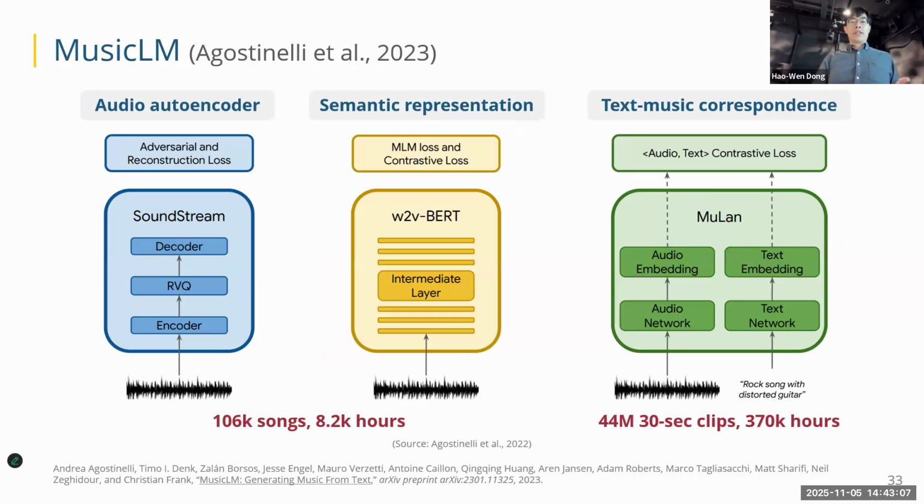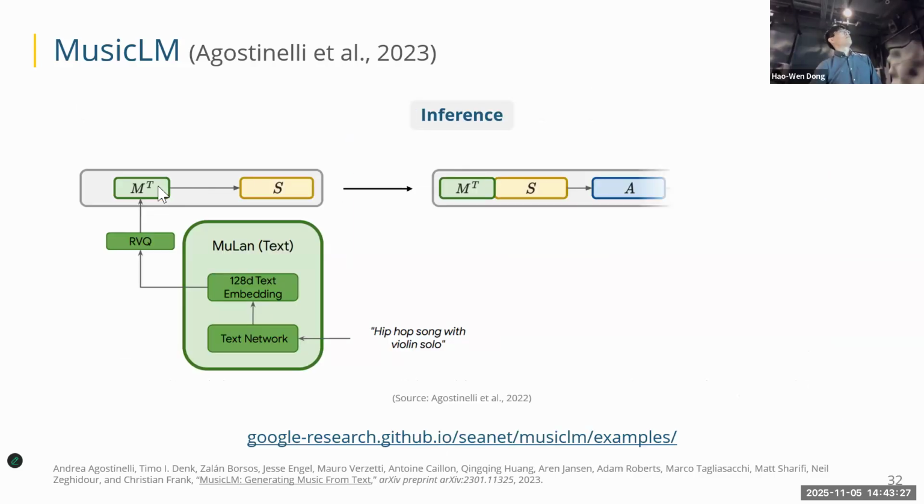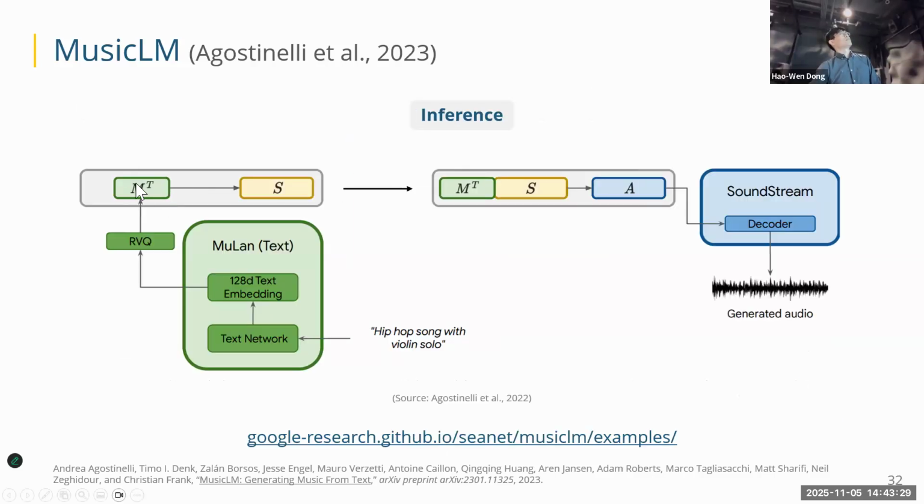Once again, nowadays things are being highly commercialized, with a lot of components. In this case, MusicLM is not just one single model, it's actually a bunch of models. These are the three components, but on top of these you also need the two mappings from the Mulan tokens to semantic tokens. So it's actually 5 models.